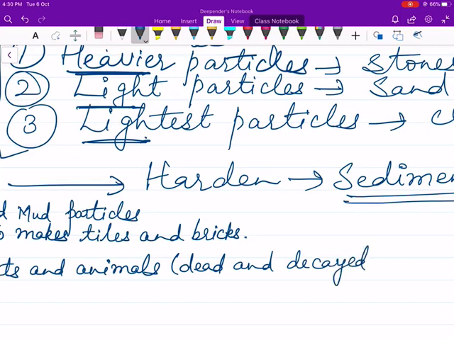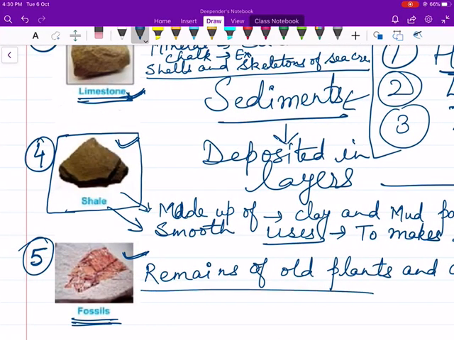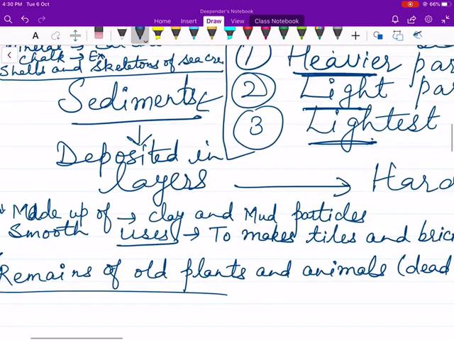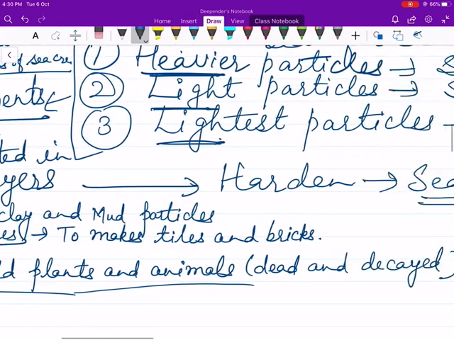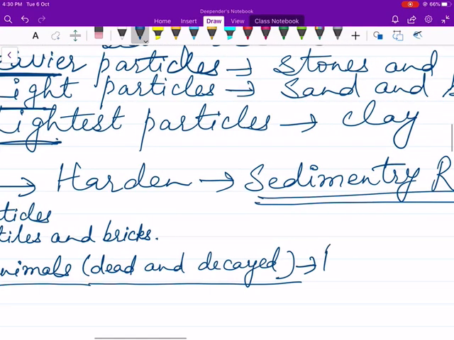Decayed means मरे हुए और सड़े हुए जो होते हैं, उनके जो remains हैं उनको हम fossils बोलते हैं. So the definition of fossil: plants and animals that are dead and decayed, we call them fossils.